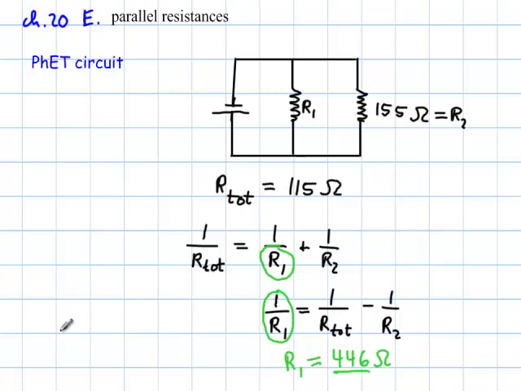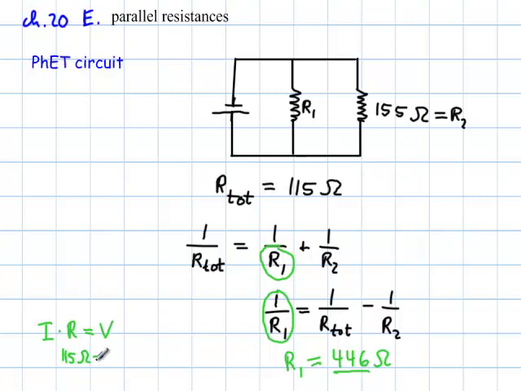Of course, resistance times electric current equals voltage, so that is Ohm's law. And for the total resistance I should come up with 115 ohms.